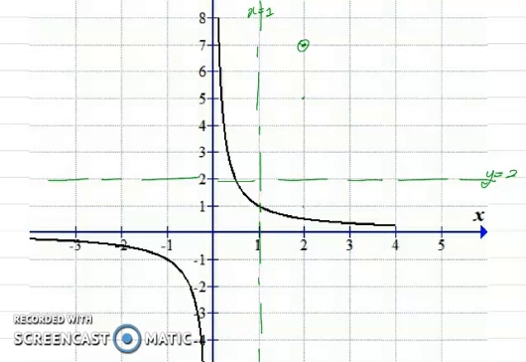Points like (0.5, 2): moving 1 to the right becomes 1.5 first. Then if you multiply the y-coordinate 2 by 5, you get 10. And then if you put it up 2 units, that would be 12. That's the new position of this point. So the point (0.5, 2) becomes (1.5, 12). Now the point (0.25, 4): 1 to the right becomes 1.25. Multiply 4 by 5, you get 20.